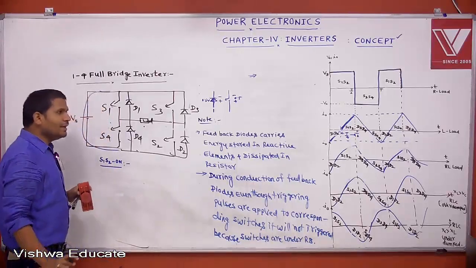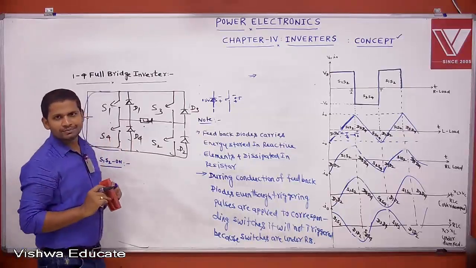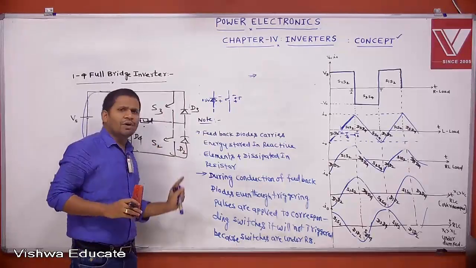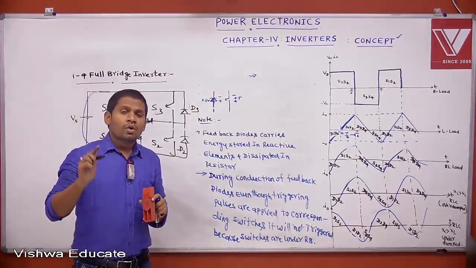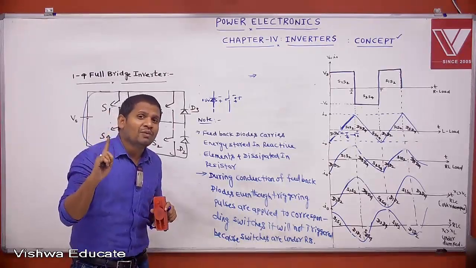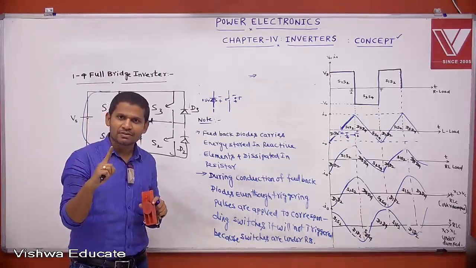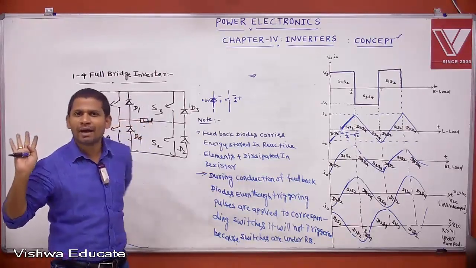Now what I am telling here, initially all the switches are under forward bias condition. But point to remember, in a bridge inverter, whether half bridge or full bridge, only during the conduction of feedback diodes are the corresponding switches reverse biased. In the remaining cases, all the switches are under forward bias condition.